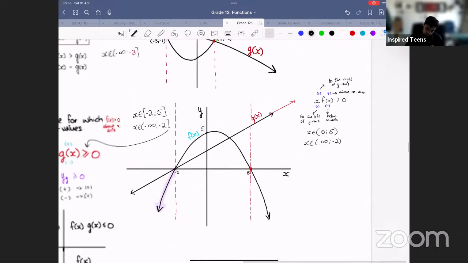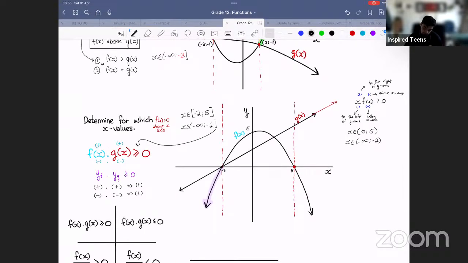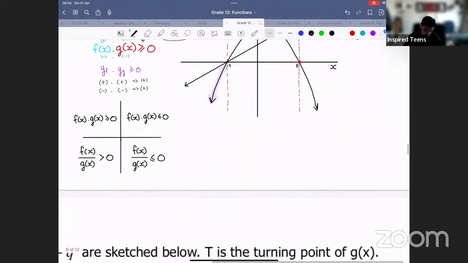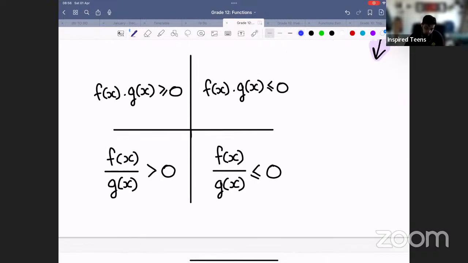Okay, f of x being above g of x, f of x times g of x, f of x over g of x, and so on. Here we have similar variations. They all mean the same thing, right? So remember, this one is positive, positive, negative, negative. What about when it's less than 0? Positive, negative, negative, positive. Okay, 2 options. What about a quotient greater than 0?